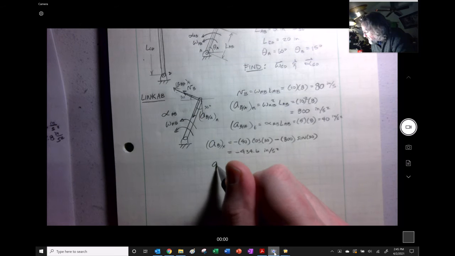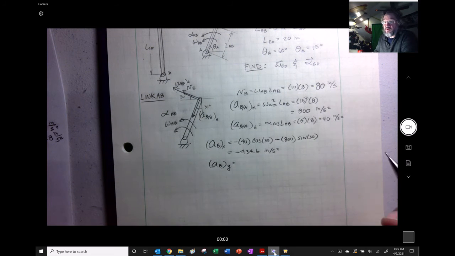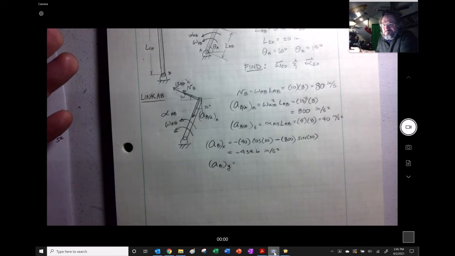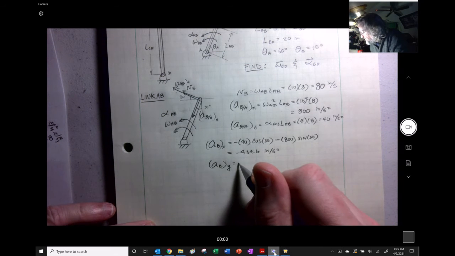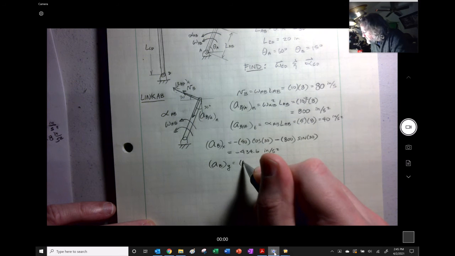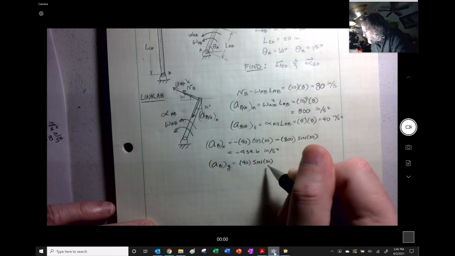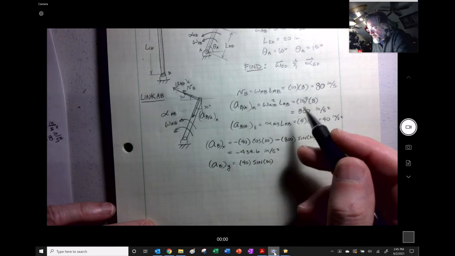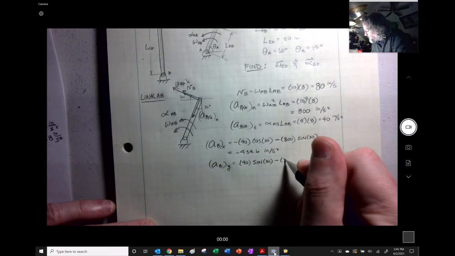And then the acceleration of B in the y direction. By the way, we could have done that with a coordinate transformation, but we already kind of have. We could just look at the angles too. It's the same thing. All right, so this one's in positive direction, this one being the tangential one. But we still have a negative y direction for the normal.